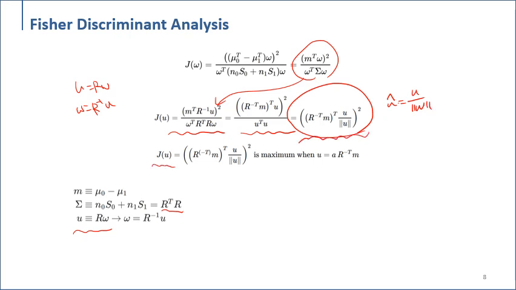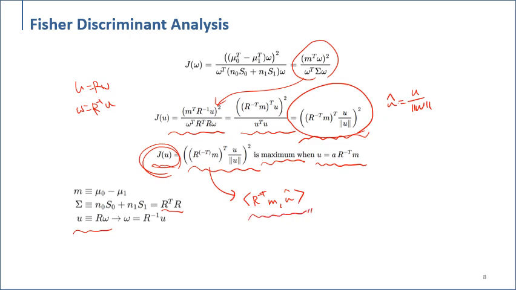So our objective is actually maximizing this function. From that, we can see that this is maximized when u is equal to a times R inverse transpose m. This can be understood like this. The objective function is nothing but the inner product of R inverse transpose m and u hat, and by definition the inner product is maximized when the two vectors are parallel, right?